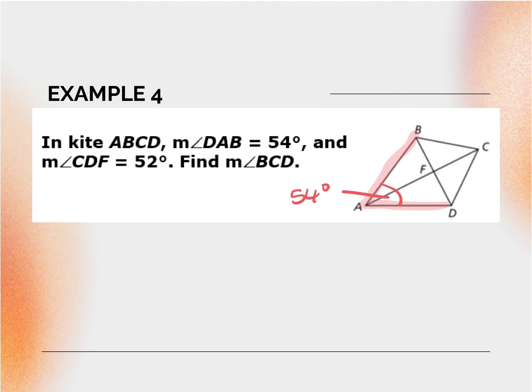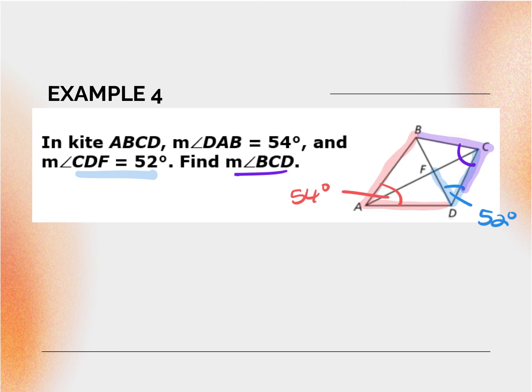Then they're also giving me the measure of CDF, and CDF is right here. So this angle measure is 52. And they want me to find the measure of BCD. And BCD is this one up here.